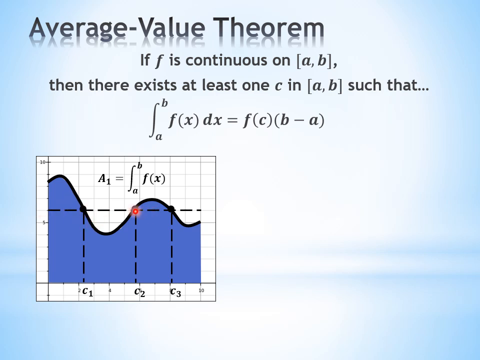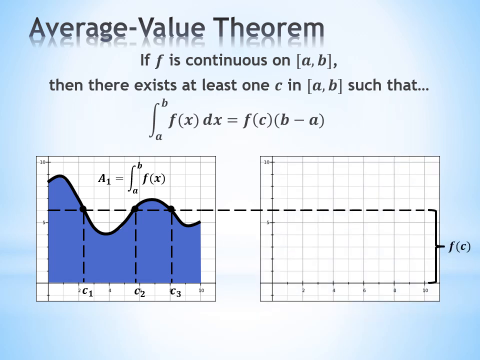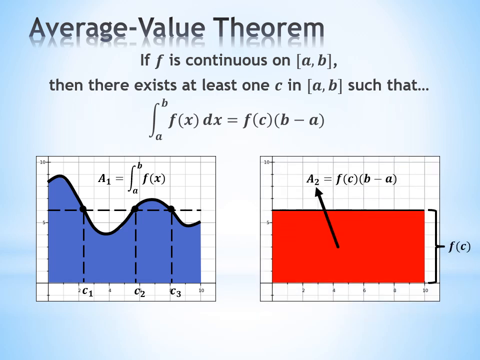Those y values are equal to the average. So that same amount, we basically take the area, and here we get the same area. If these two areas are equal to each other, then that means the function at c, so at any one of these values, is equal to the average value of the entire function.